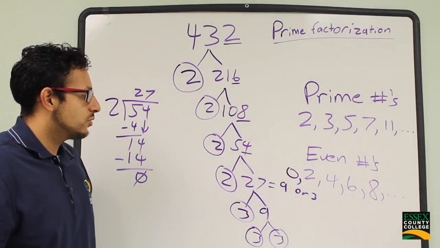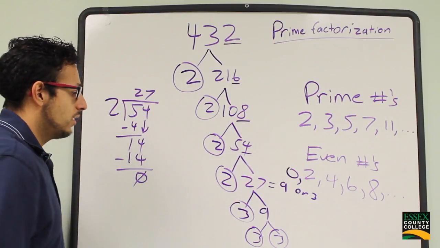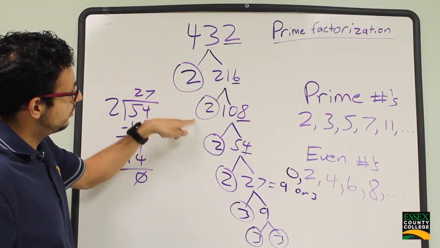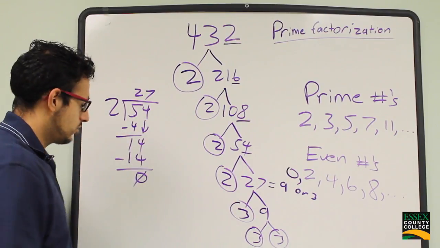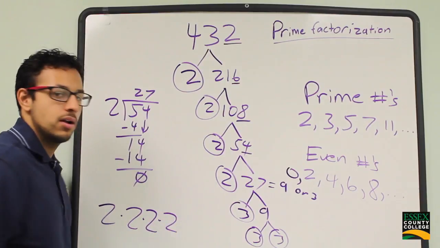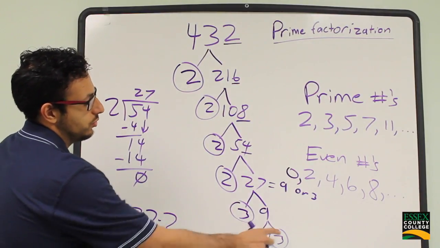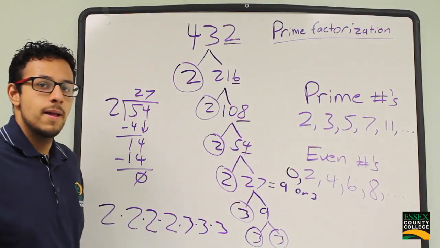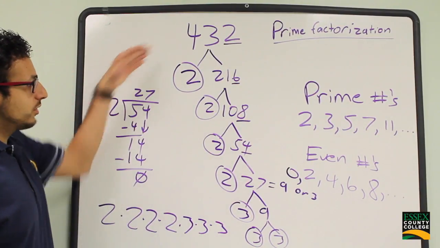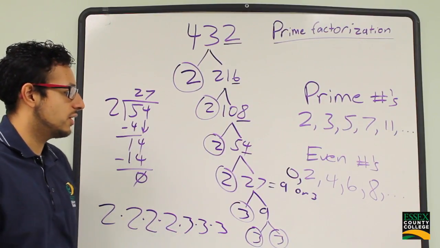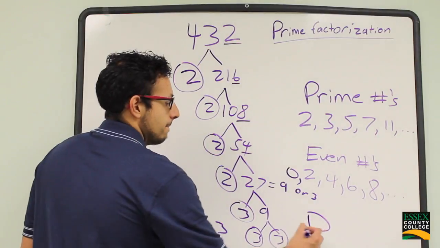To write it out, we just count how many 2's we have: 1, 2, 3, 4, so 2 times 2 times 2 times 2. And 3's: 1, 2, 3, so 3 times 3 times 3. So the prime factorization of 432 is 2 times 2 times 2 times 2 times 3 times 3 times 3. And the answer is B.